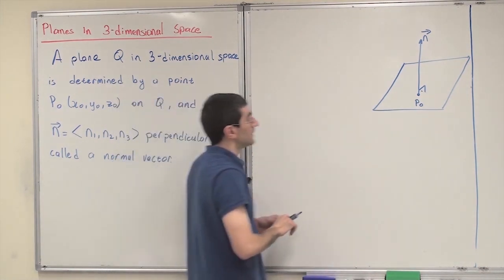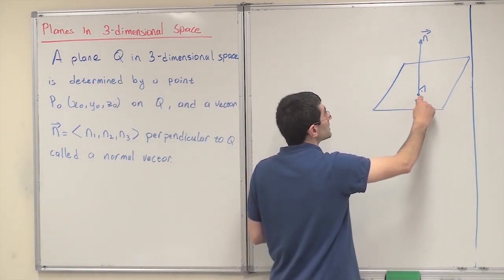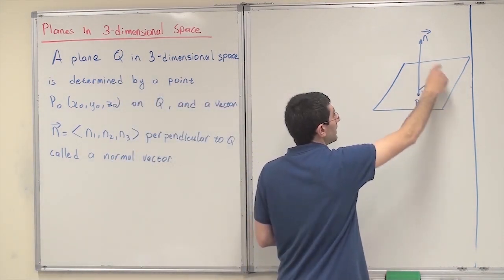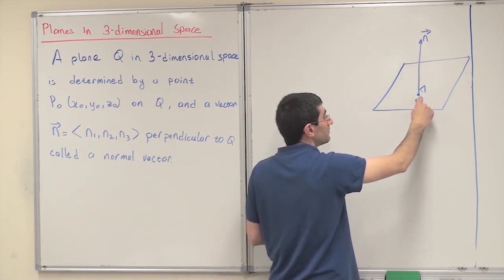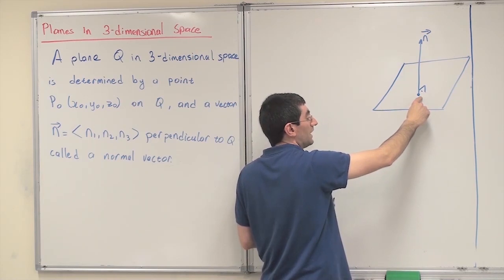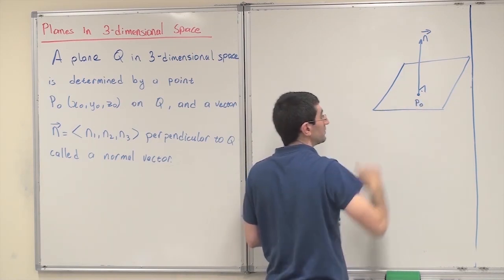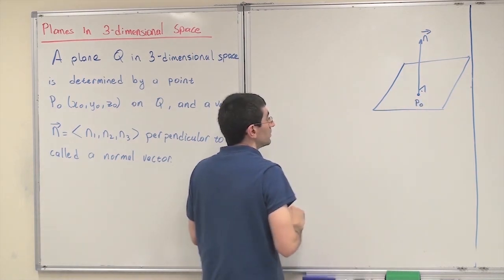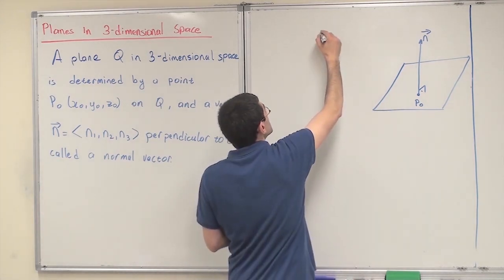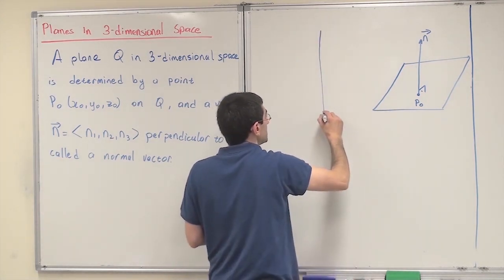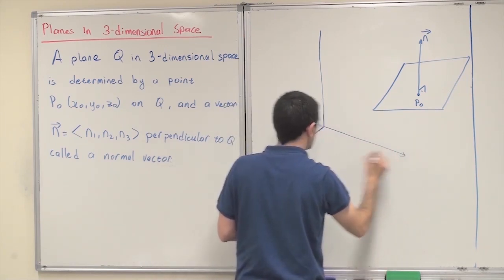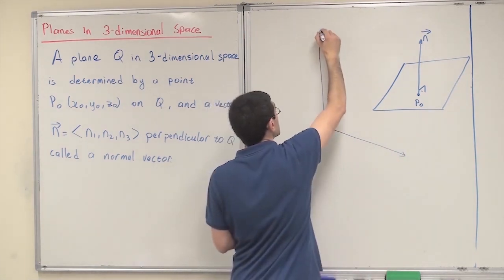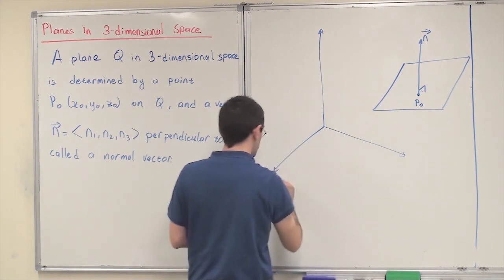I can choose this vector n anywhere on the plane, but I can also in particular choose it at the point P0. So, next I place this plane in the three-dimensional Cartesian coordinate system.